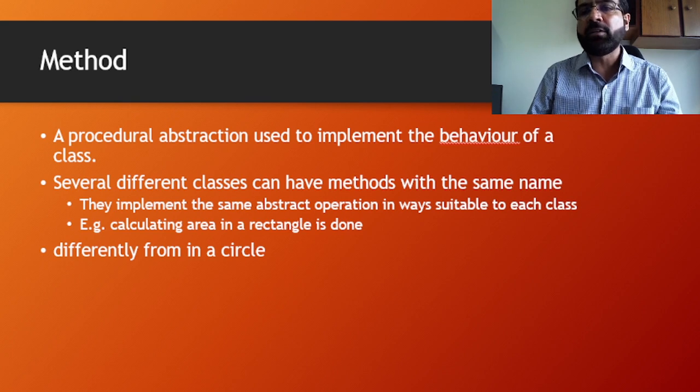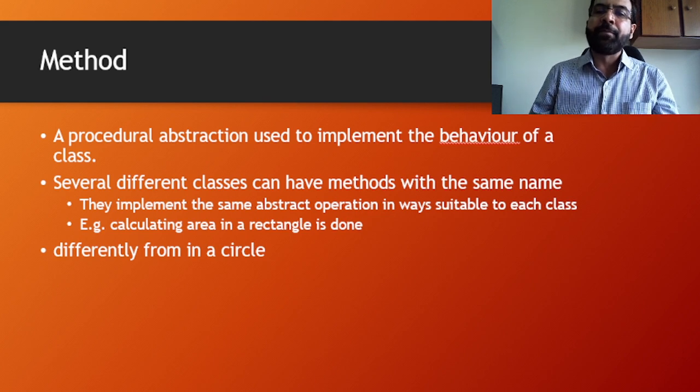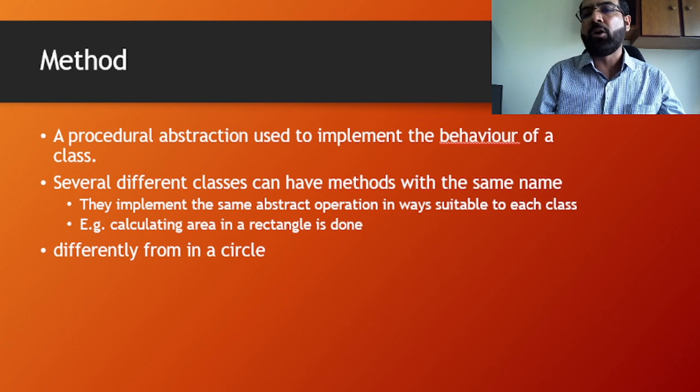Maybe the account is blocked whenever you do not have a transaction for six months. If you want to implement this in your account class, you need to represent it with a procedural abstraction for the implementation of that behavior. The time period will be counted, and after that it immediately calls that function, that behavior, and it will be implemented. So methods are basically the reflections in the class definition.